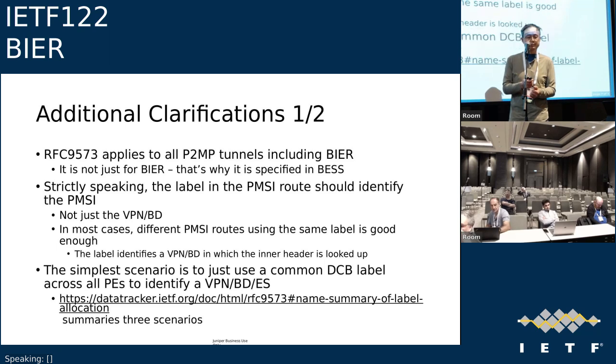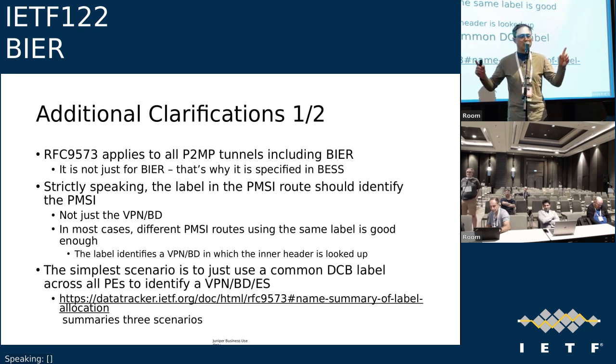I think I can skip all these slides here, but I want to point out why this solves the scaling problem: now all the PEs are provisioned consistently with the same label for one particular VPN. So let's say you have a VPN, we call it VPN 1. Then on all your 1,000 PEs, they all use label 1,000.